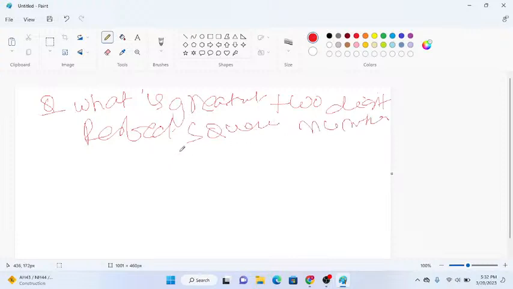Write down the question so that you can revise this also. What is the greatest 2-digit perfect square number? Okay, na? Greatest 2-digit perfect square number.